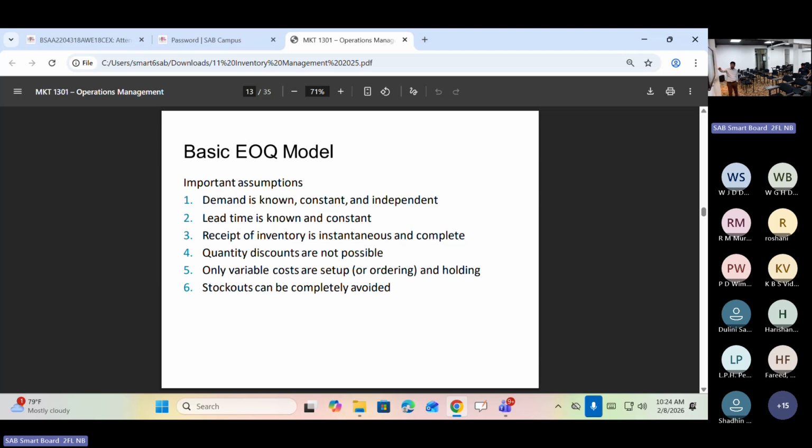Quickly go through. They assume the receipt of inventory is instantaneous and complete. That means when you place an order, within the lead time you get the total order, total quantity at once, not part shipments. You get it fully.